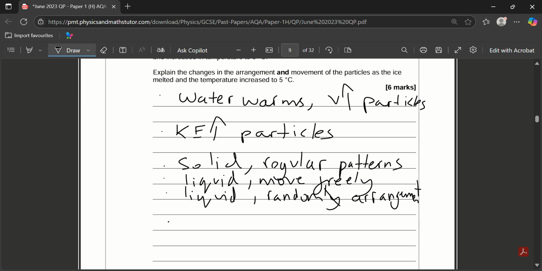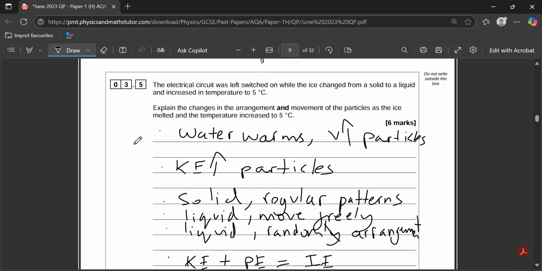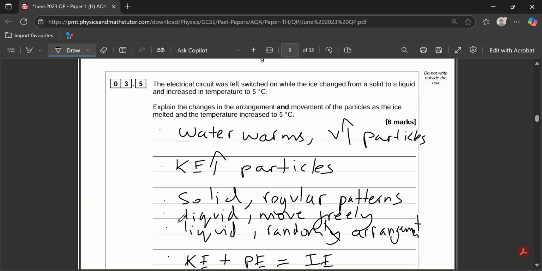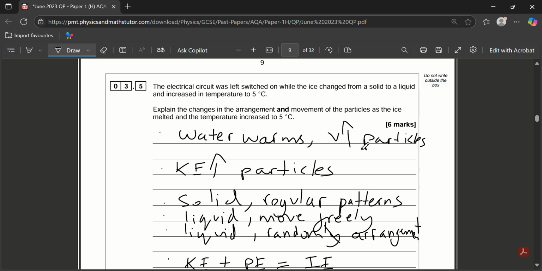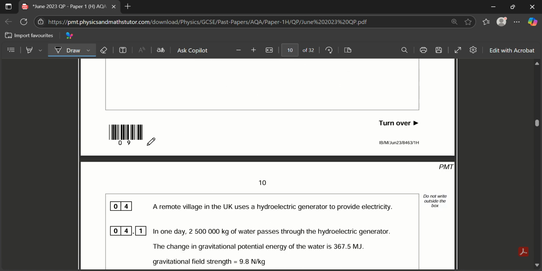We can also say that kinetic energy of the particles plus their potential energy, some of that is just their internal energy. I'll probably give you a mark, honestly. And do we have 6 bullet points? I think we do, but let's throw in another one. No, I think we can just leave it as it is. There's no point overachieving. They just want 6 good bullet points, 6 marks. And let's leave it like that.